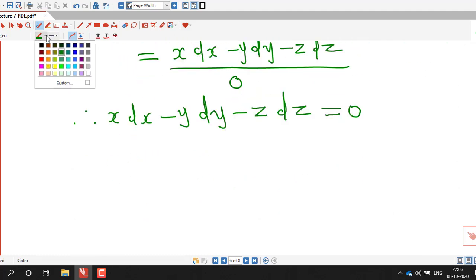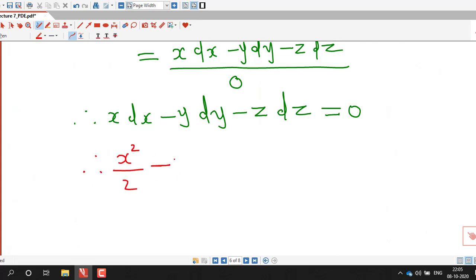And if we integrate, we obtain x square by 2 minus y square by 2 minus z square by 2, which is equal to, we can adjust the constant as c1 by 2 because there is 1 by 2 in each term.